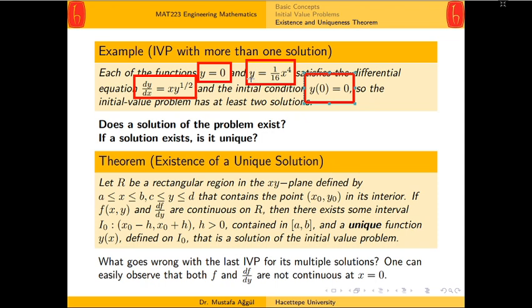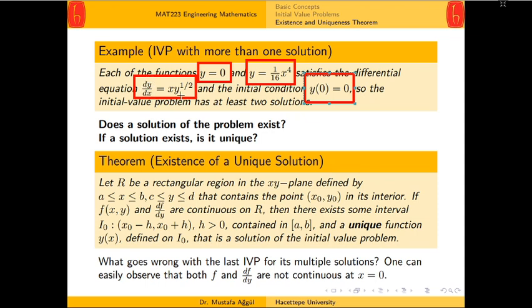And also, if you substitute this into the ODE, you'll see the derivative is equal to 1 over 4 x cubed, and here we have x times 1 over 4 x squared, because the square root of this function is 1 over 4 x squared. If you multiply that by x, you'll see we have 1 over 4 x cubed, and we know this is also 1 over 4 x cubed.